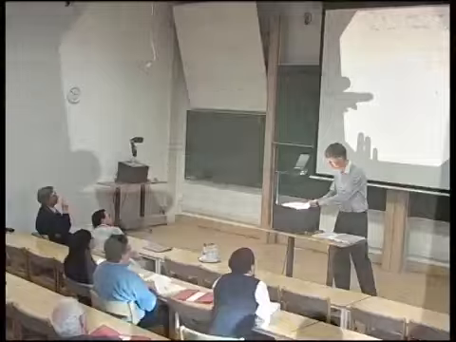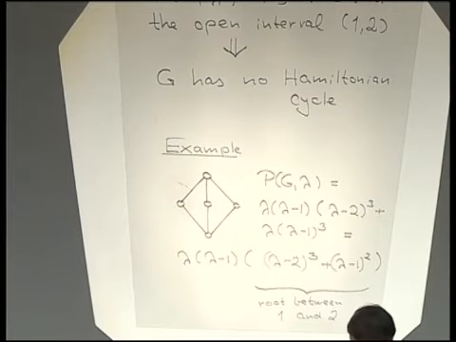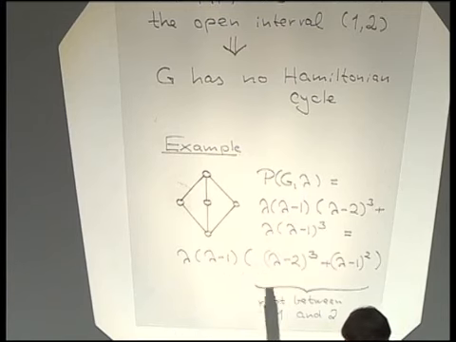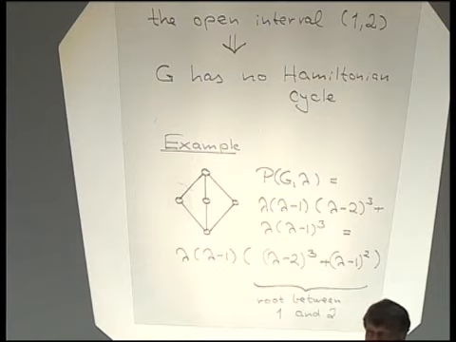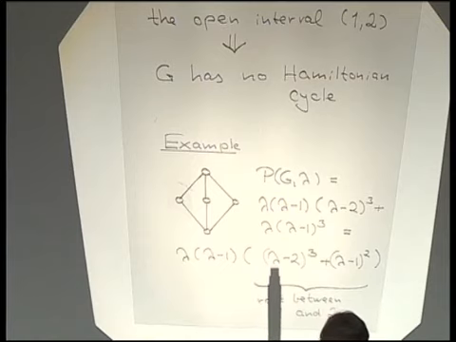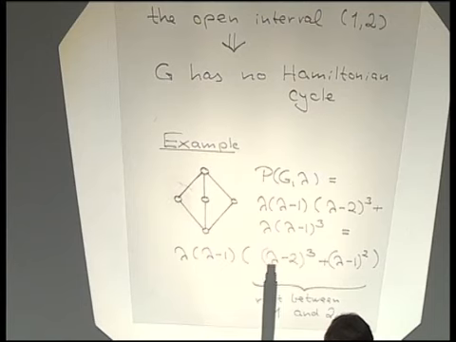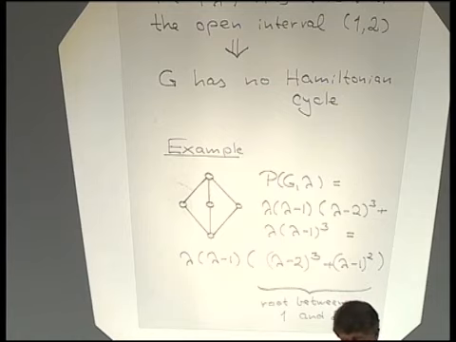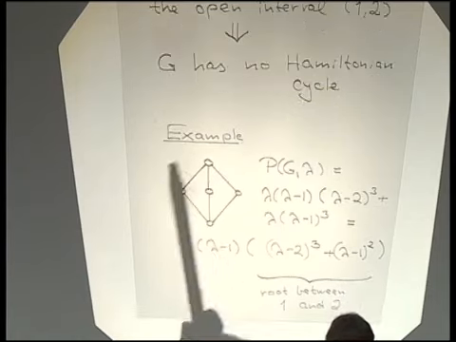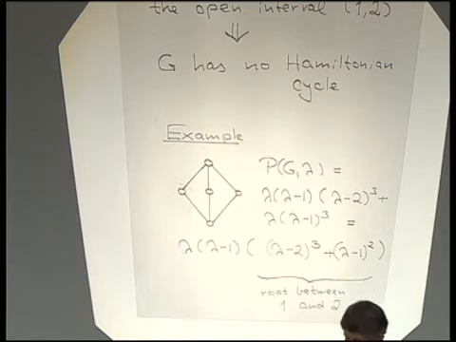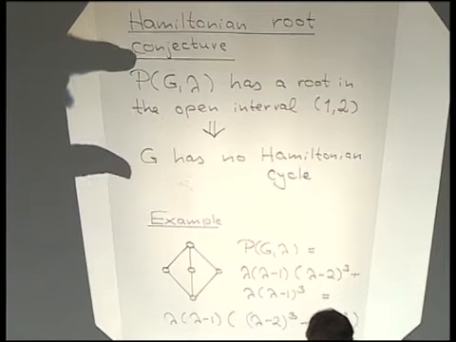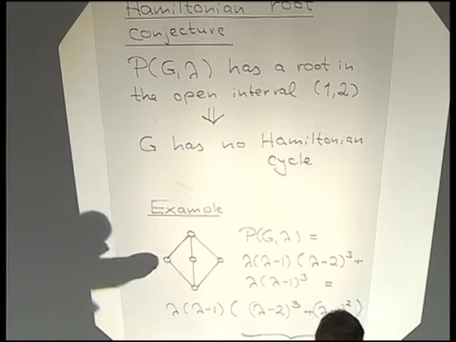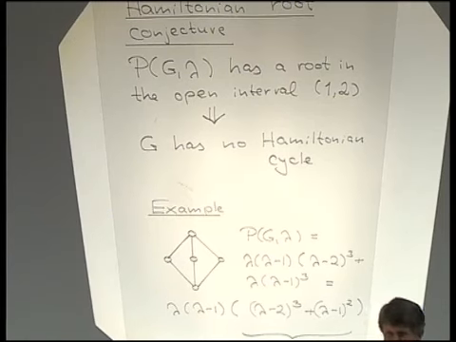Look, for example, at this graph. Suppose you want to prove that it has no Hamiltonian cycle. It's easy to compute the chromatic polynomial, and this thing here has a root: if you put lambda equal to 1, you get something negative. If you put lambda equal to 2, you get something positive, and therefore there is a root between 1 and 2 by continuity. So if this is true, we have a proof that this has no Hamiltonian cycle, a kind of certificate.